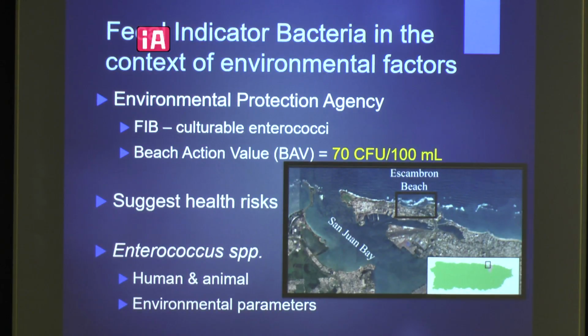Also, Enterococcus species can vary a lot. We have human sources of Enterococcus, which are actually a threat to public health, but we also have animal sources. It could be bird poop, which is not necessarily considered a threat to public health.